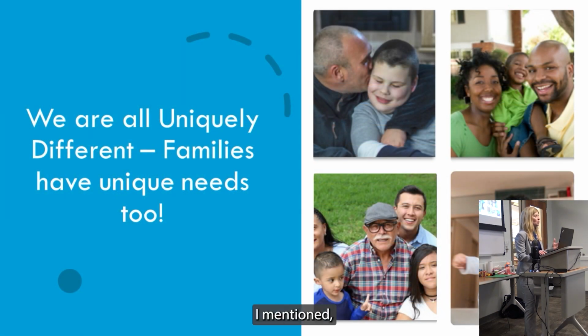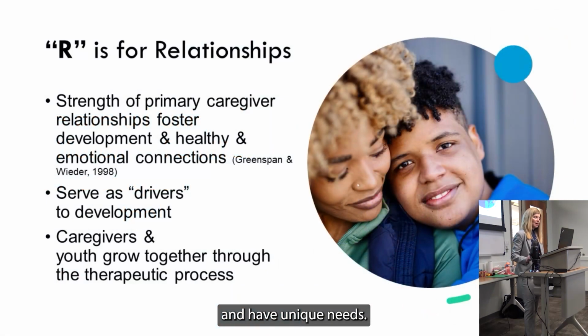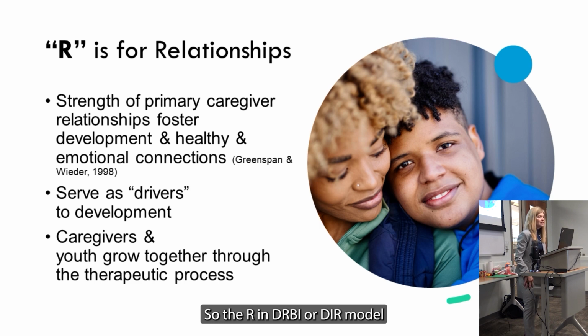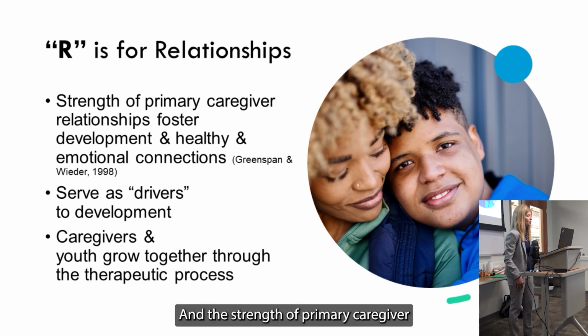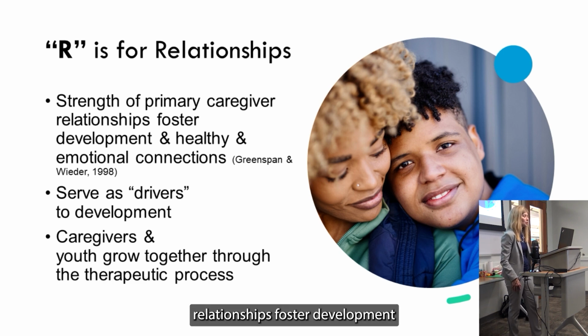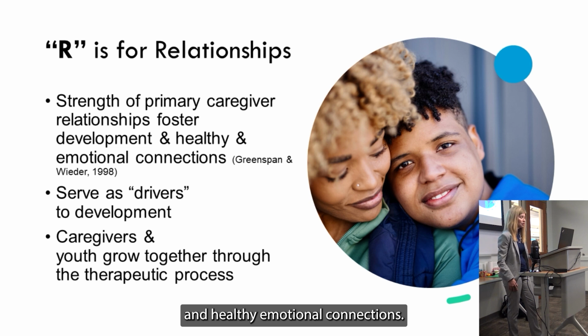And as I mentioned, just like we all have our own individual differences, families are different too and have unique needs. So the R in the DIR model stands for relationships. The strength of primary caregiver relationships foster development and healthy emotional connections.